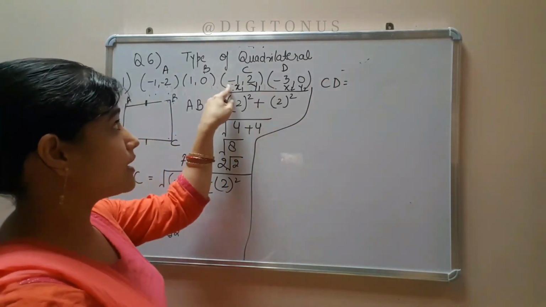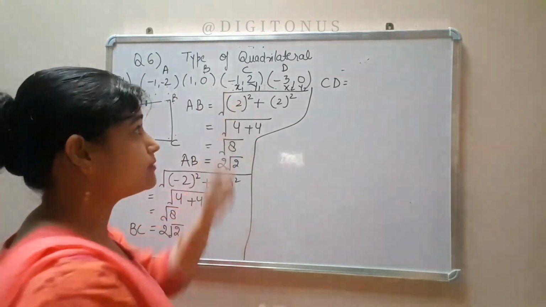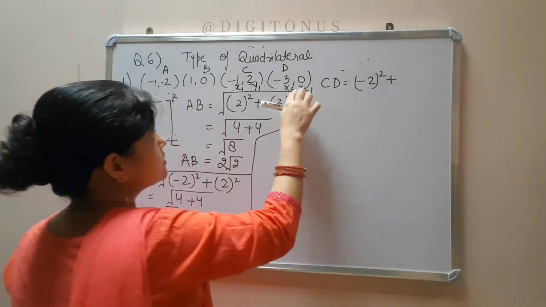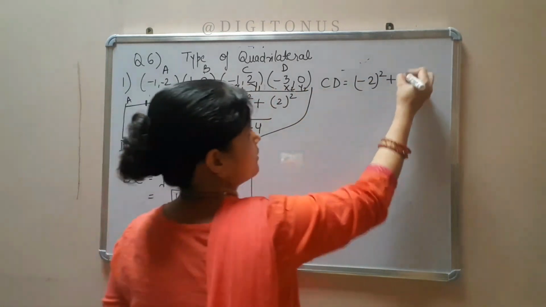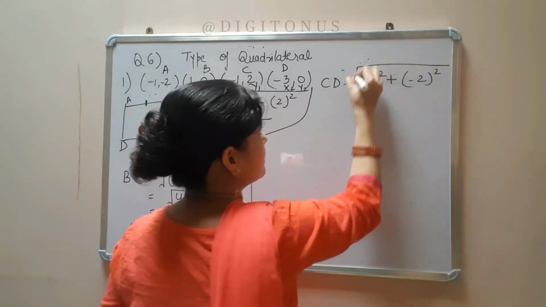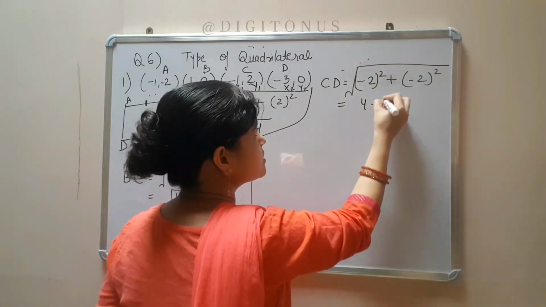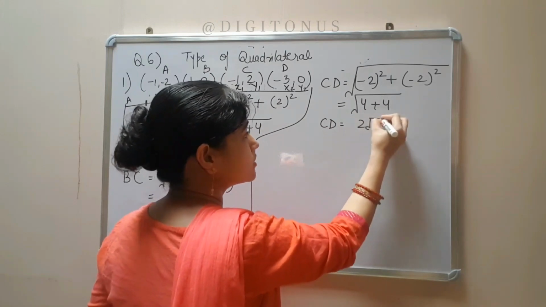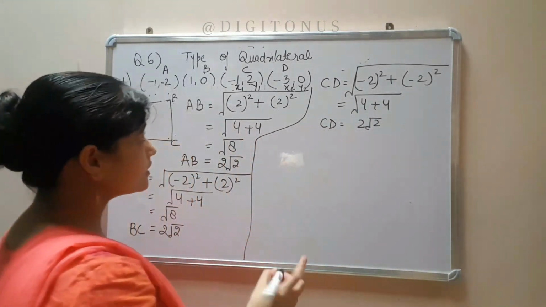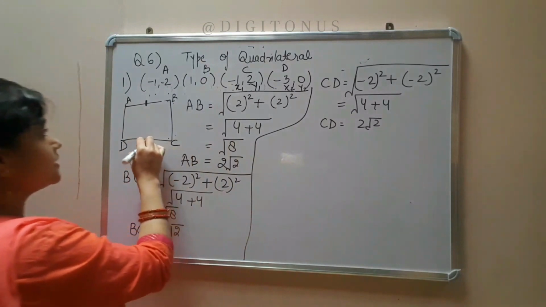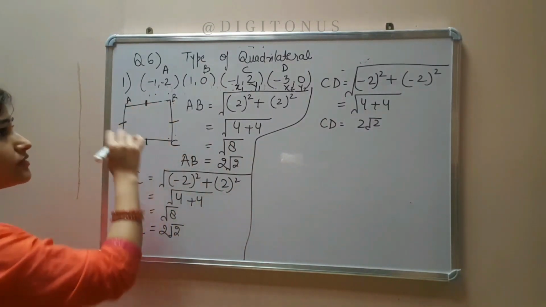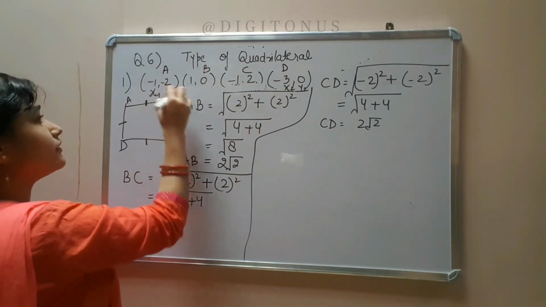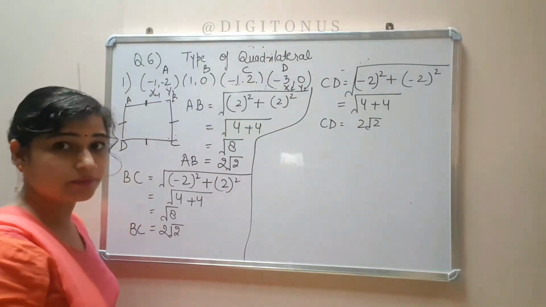So minus 3 minus minus 1 means minus 3 plus 1 will be minus 2 whole square plus 0 minus 2 whole square under root, 4 plus 4 under root, means CD will also come 2 under root 2. Yes? Clear? Now after that, CD done, AB done, BC done, so what is left? AD. So A and D. So this one will be x1 y1 and this one will be x2 y2.